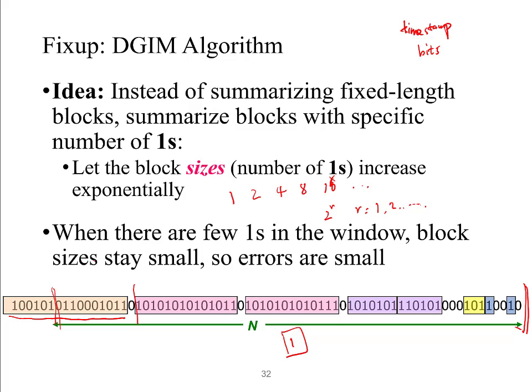In order to do that, we need a time step, so that we can know whether we can throw away a particular block or not. So the time step is used here, and the bits are used to make the estimation, right?